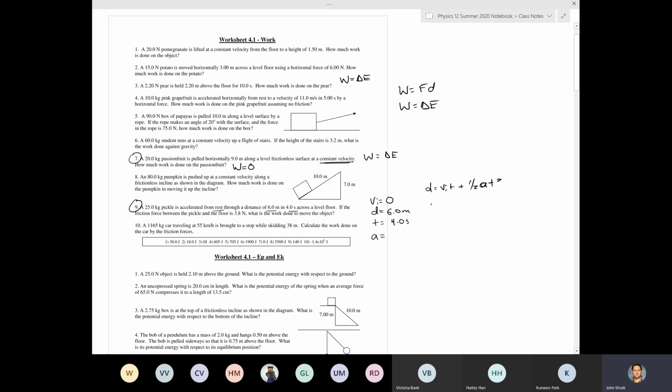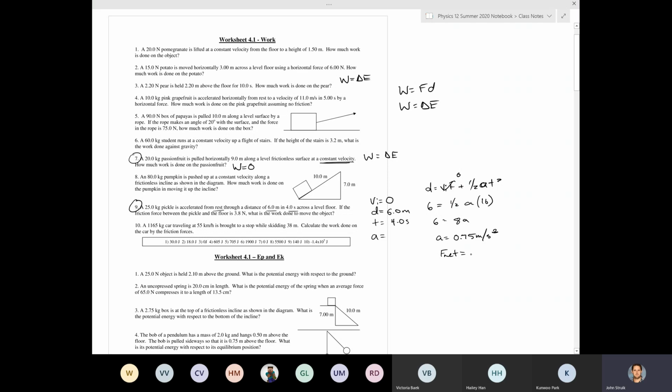And so it's going to be 6 equals VI is 0, so that's 0, plus 1/2 times A times 4 squared, so 16. So 6 equals 8A. A is 6 divided by 8, so 3 over 4, 0.75 meters per second squared. And so that's your acceleration.